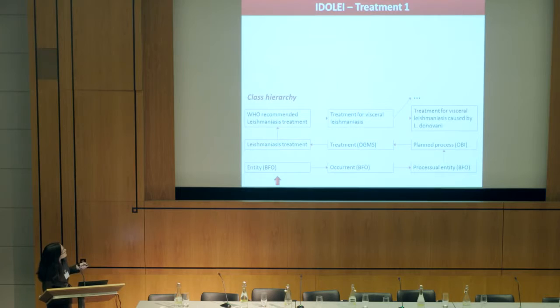And this is an example from the top level to the initial low level of granularity terms for treatment. So we start with a BFO term, of course, which is the top level. Then we arrive at OGMS treatment, which has a definition. Then we have the domain Leishmaniasis treatment.